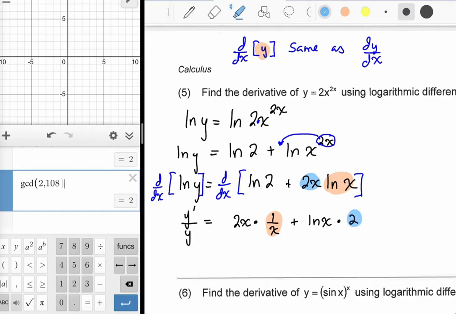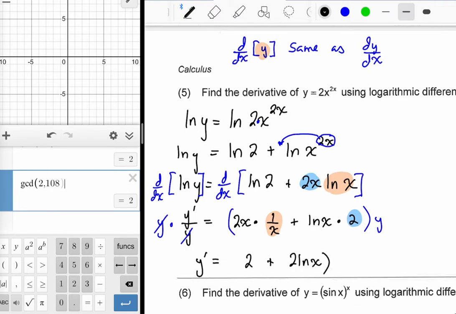Now, since ultimately my goal is to get y prime alone, because remember y prime, dy dx, they mean the same thing, I would want to multiply both sides by y, to cancel on the left, leaving me with just a y prime. On the right, I'll clean it up a little bit. We'd have a 2, because the x's would cancel out, plus 2 ln of x. That's what all of this stuff becomes.